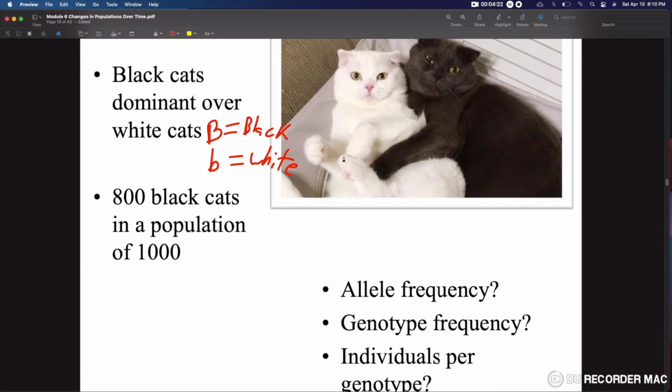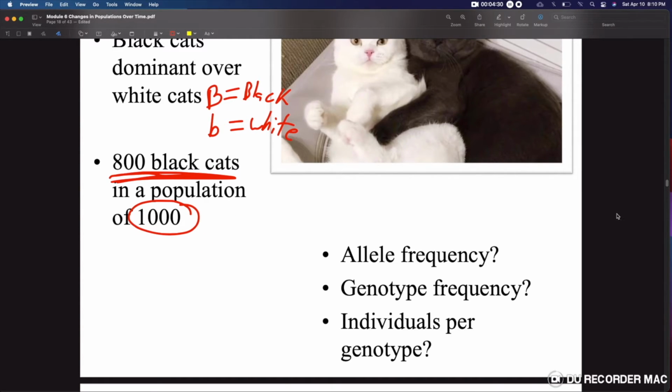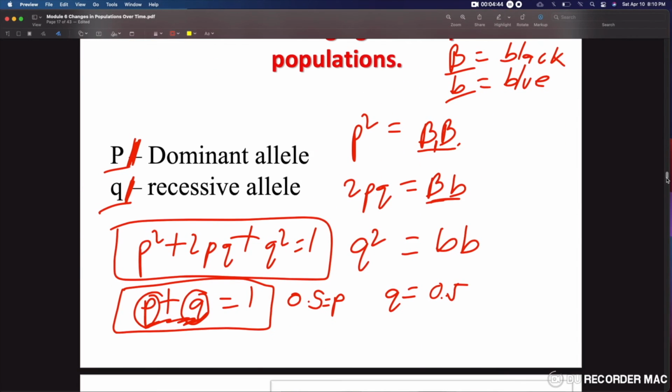Now, if I have 800 black cats in my population of 1,000, what are my allele frequencies? What are my genotypic frequencies? And how many individuals are there per genotype? So you can use the equation earlier to answer that.